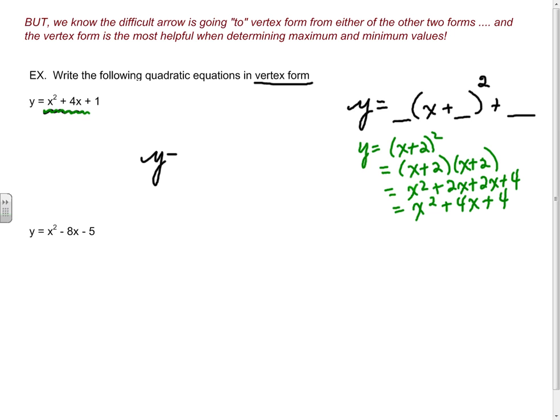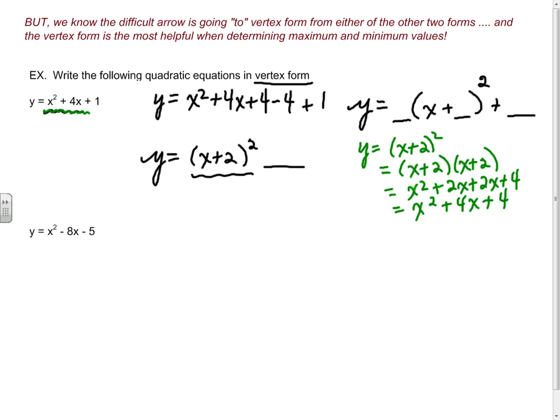So this isn't quite right, so I'm going to adjust it. My goal is to have x plus 2 squared with a number. I'm going to rewrite what I started with as y equals x squared plus 4x plus 4, which is this guy, taking away 4 at the same time and adding 1.